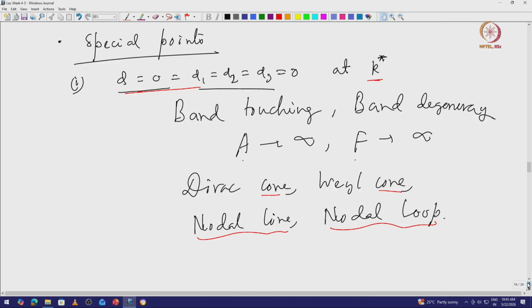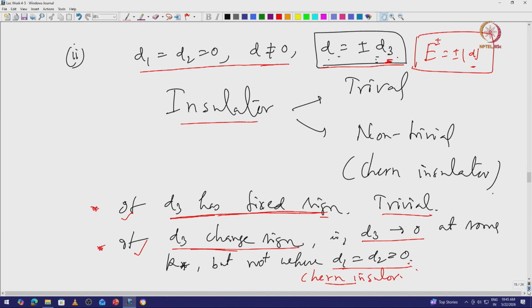So, we are now starting model Hamiltonian and we are into 2D, and we talked about two special points in the Hamiltonian parameter space, and we talked about when D becomes equal to plus minus D3, but D1, D2, D3 do not go to 0 at the same point, which gave us the topological insulator.